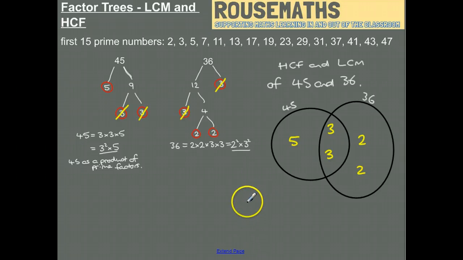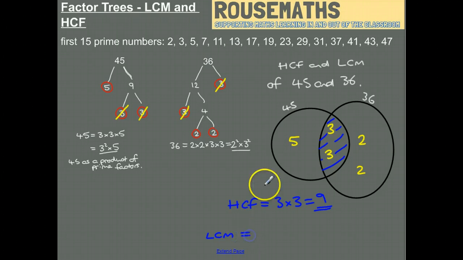So to find the highest common factor, you take all the numbers that are in this middle bit here, and you multiply them together. The highest common factor is 9.